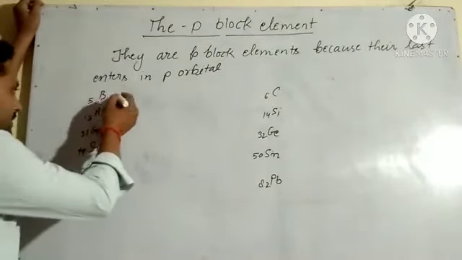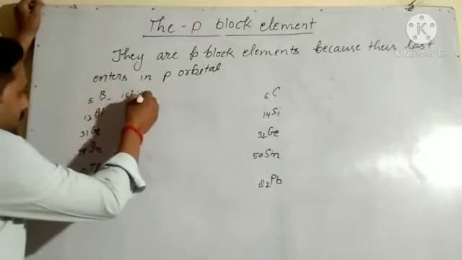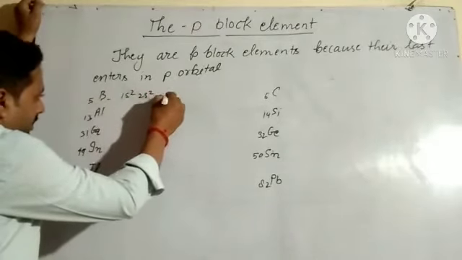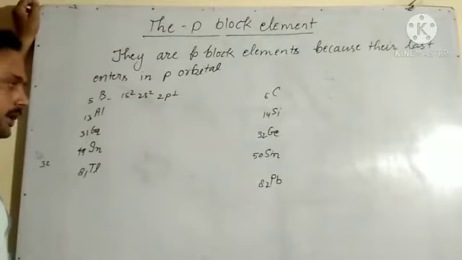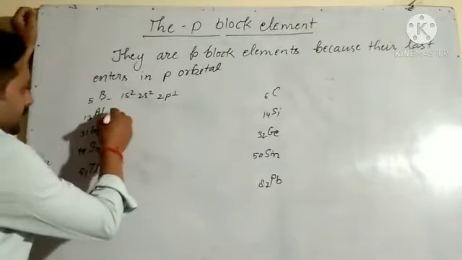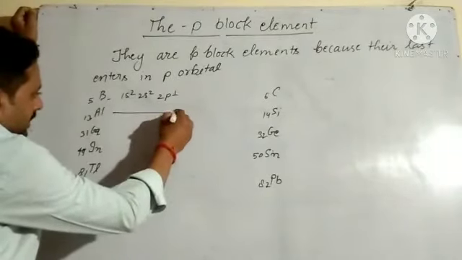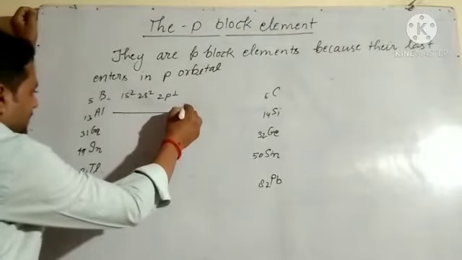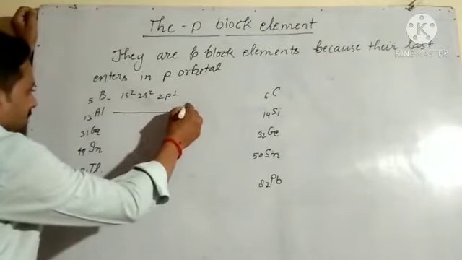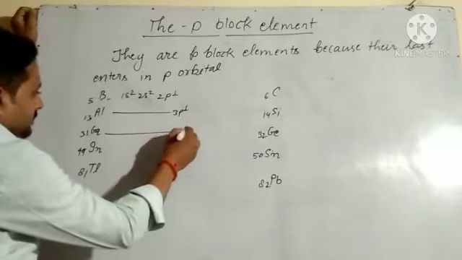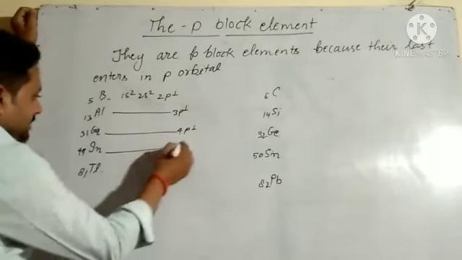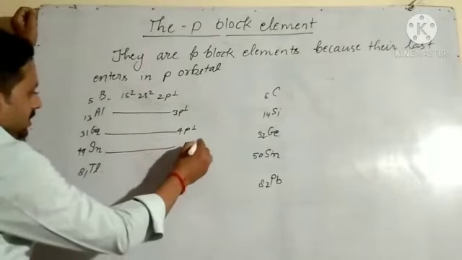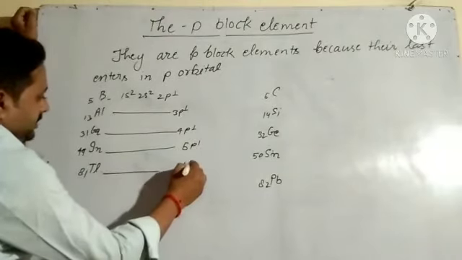The electronic configuration: if I write 1s2, 2s2, 2p1, then the same for 3p, it will be 3p1, and this 4p1, and this 5p1, and that 6p1.